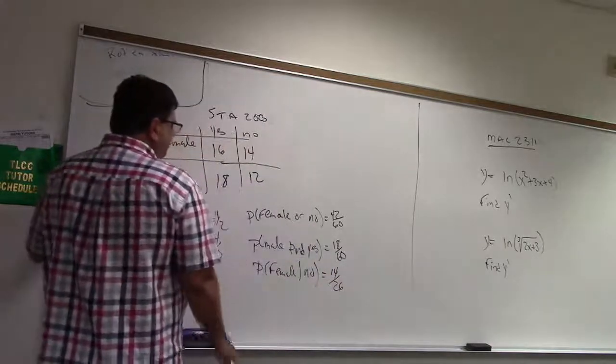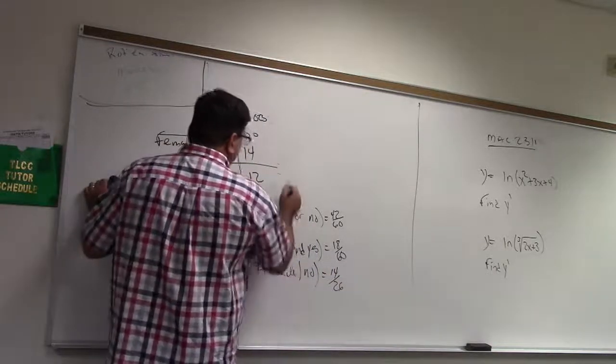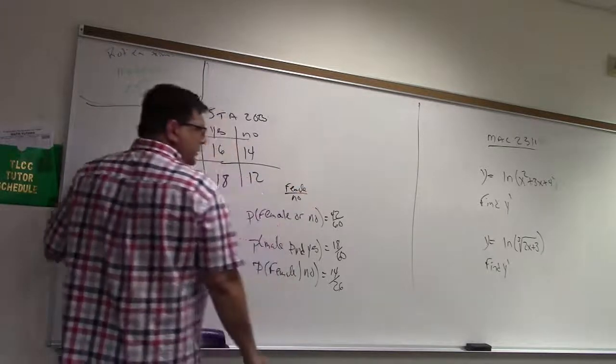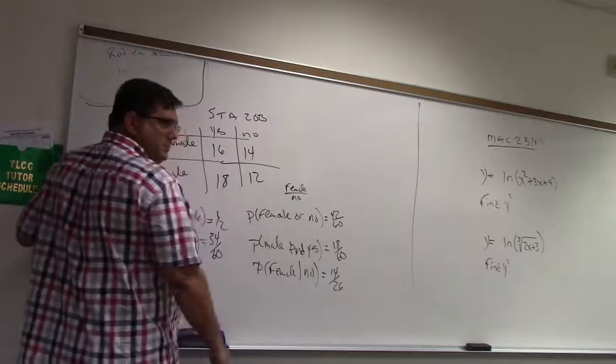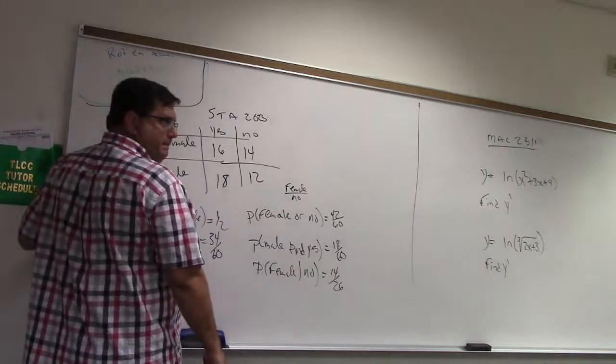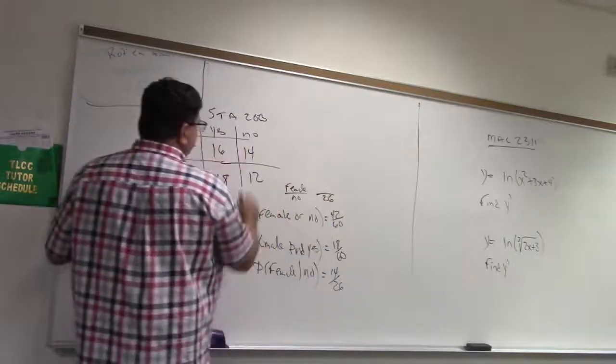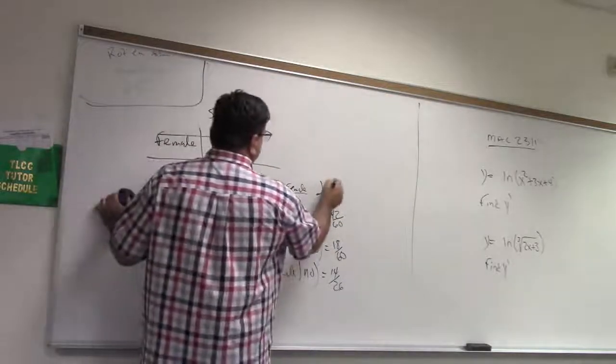Now, how do we do that? Female given no. Think about this as a fraction almost. How many people said no? 26. Out of those 26, how many of them were female? 14.